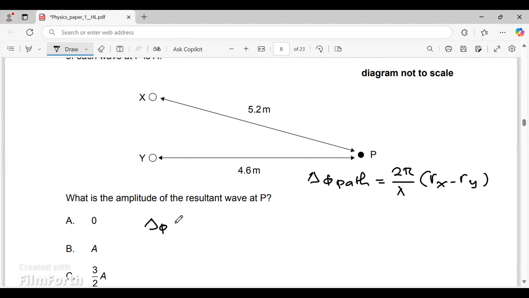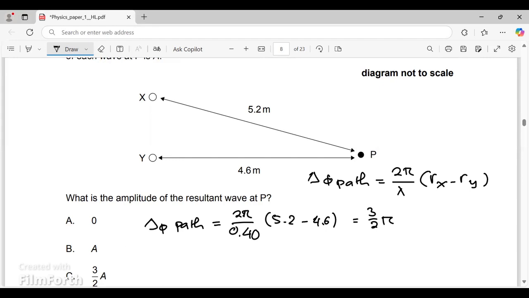Substituting, lambda is 0.40, times (5.2 minus 4.6), and it equals 3/2 pi.